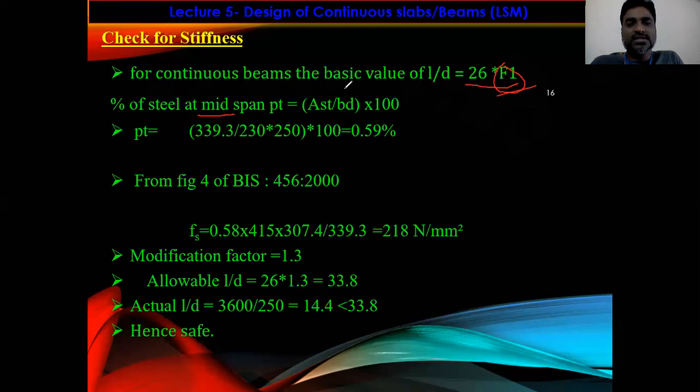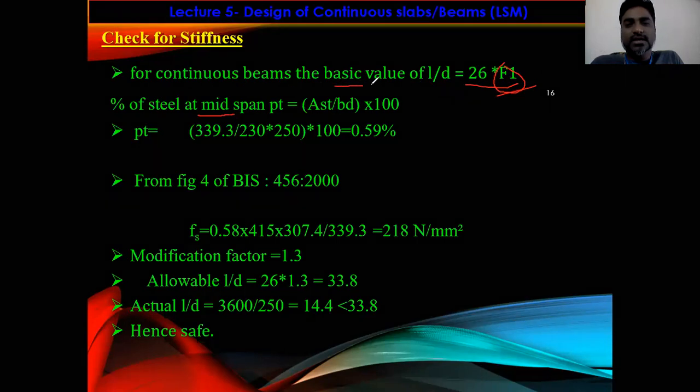The stiffness is checked corresponding to the midspan, so you have to take the percentage of steel corresponding to the midspan, that is Ast by bd into 100. For the midspan we provided 339.3 by 230 into 250 into 100, which is 0.59%.